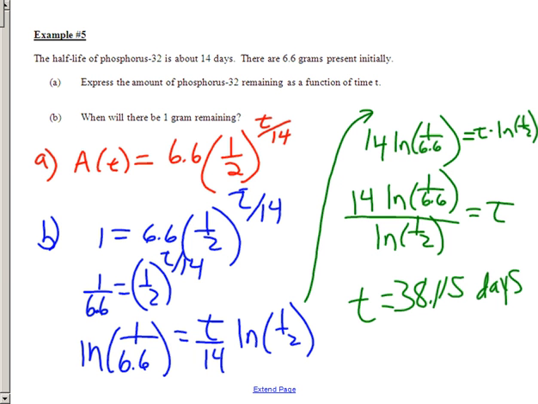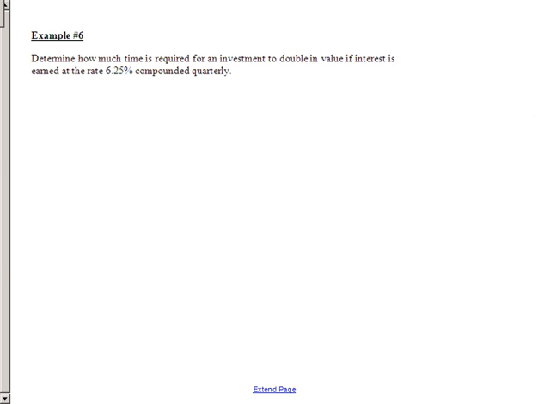So there's a couple word problems dealing with this stuff. Number 9: determine how much time is required for an investment to double in value, if interest earned is 6.25% compounded quarterly. There's really 2 different formulas you're going to need to know for the homework.